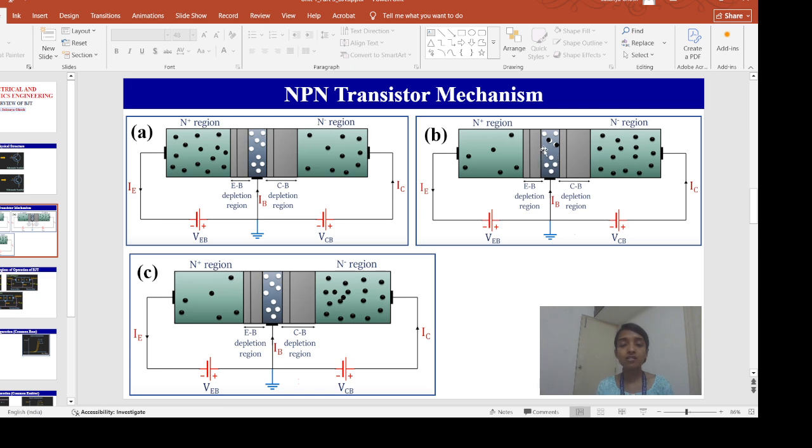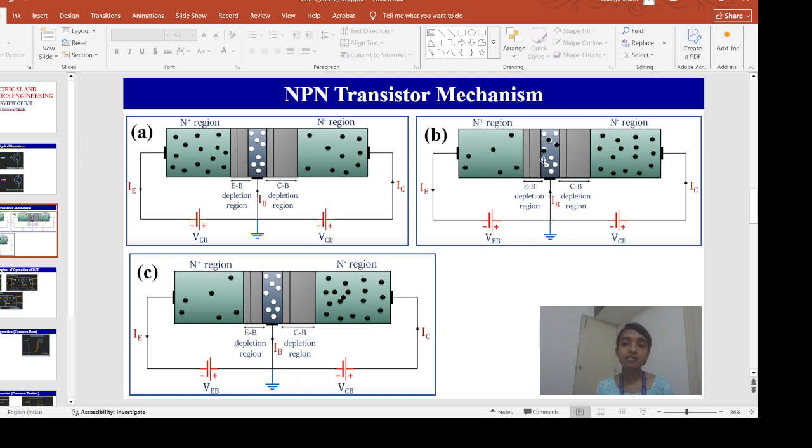So when some of these electrons are recombining with the holes, okay. When these electrons come to the base region, they have two options. Either they can flow out of the transistor through the base region, or they can diffuse to the collector side, okay.